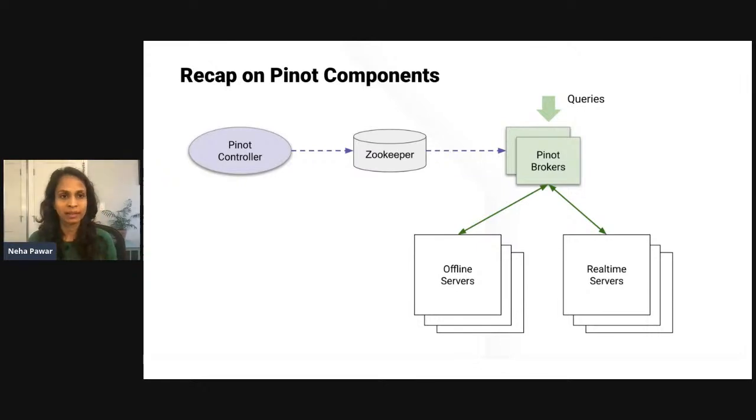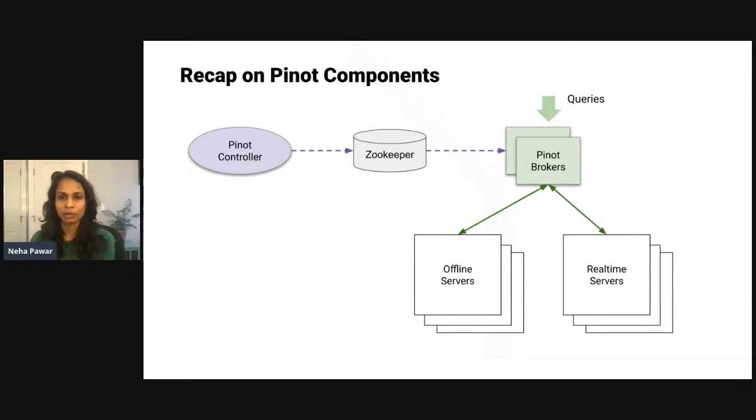If you've already been attending these meetups and are familiar with Pinot, this might already seem familiar to you. The first component is the Pinot servers. Pinot servers hold the Pinot data in the form of Pinot segments, and then they serve queries of the data that they have.